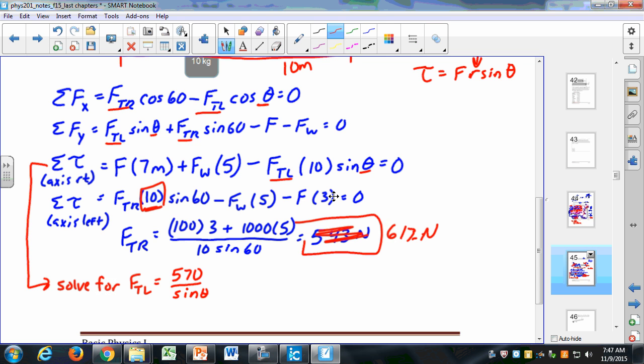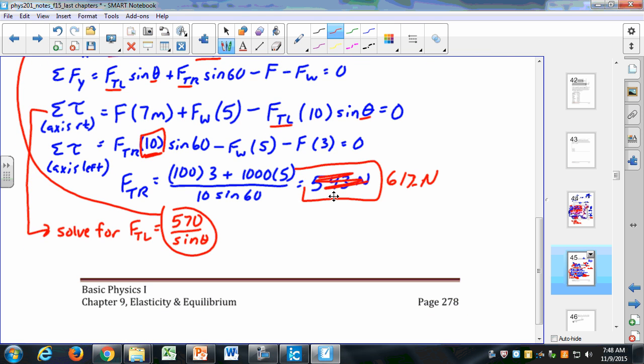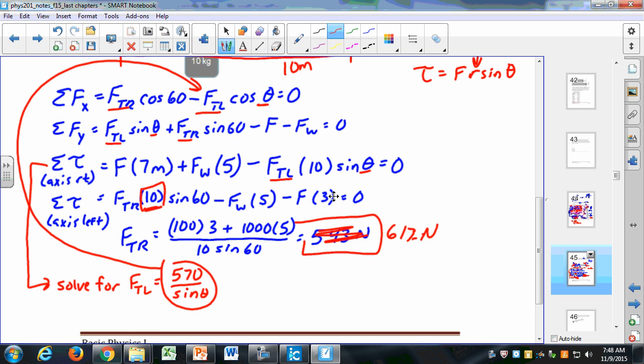And then once I get that, I can plug this in for FTL. I took it up here and substituted it in for FTL there. And then I can solve for theta. You'll follow me on this? Because if I come up here, I can solve this for FTL.